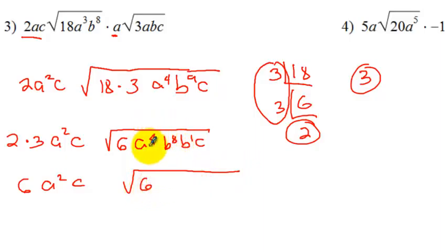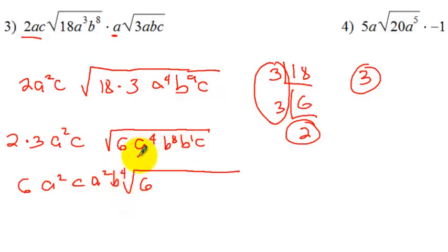Now remember that when you take the square root of a variable in which the variable has an even exponent, we just have to divide the exponent. So in this case, a4, 4 divided by 2 is 2, so we'll have a squared for a4. And then the square root of b8, we just have to divide our 8 by 2, and that's b4.